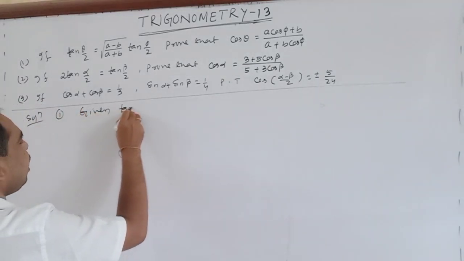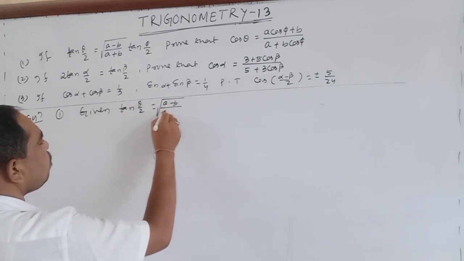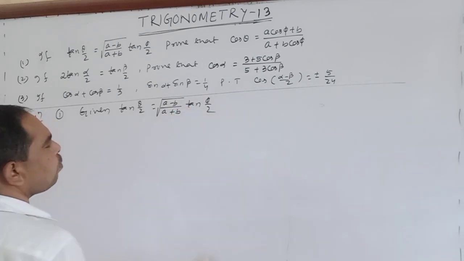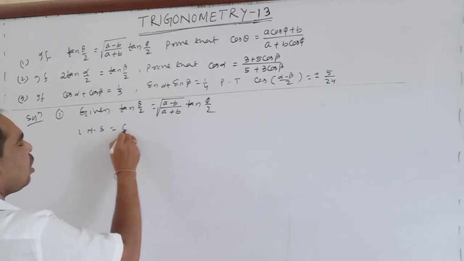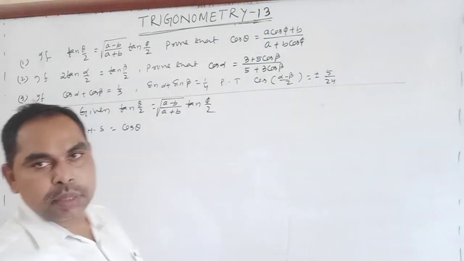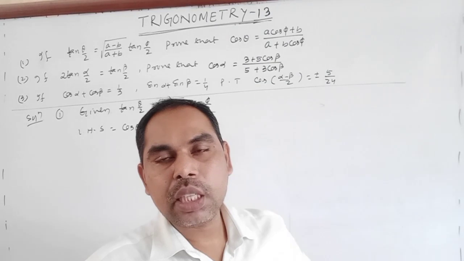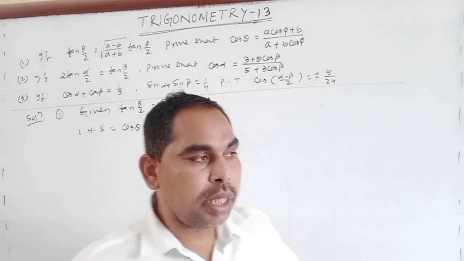Given tan theta by 2 is equal to square root of a minus b by a plus b into tan phi by 2. So the LHS part is cos theta. Cos theta in terms of tan means 1 minus tan square theta by 2 divided by 1 plus tan square theta by 2.